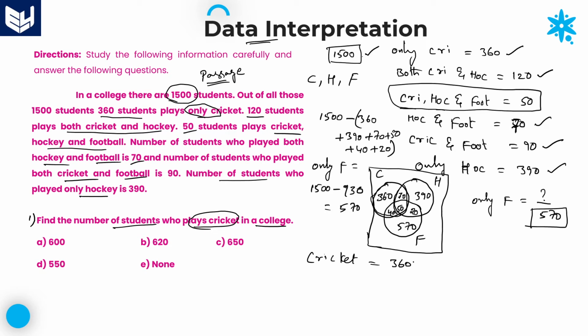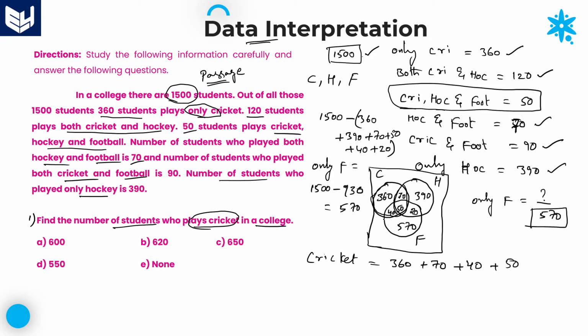One is 360. This 360 is only cricket, number of students who are playing only cricket. And after that 70 is also there in that circle. That is only cricket and hockey. And next 40, this 40 is only cricket and football. And next 50, this 50 is a combination of cricket, hockey and football, all three games.